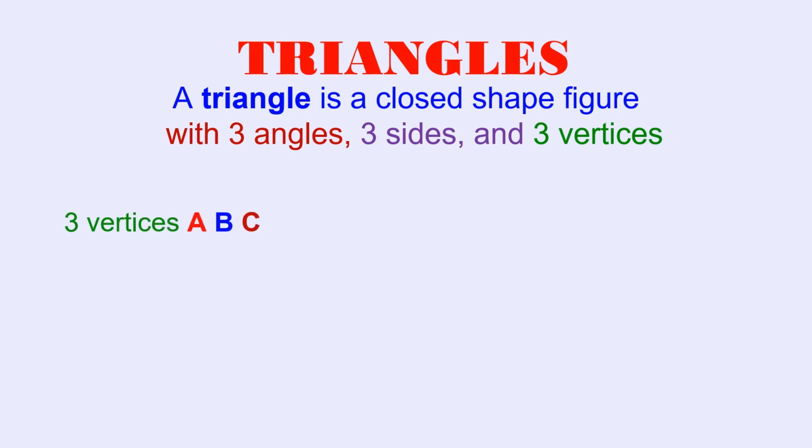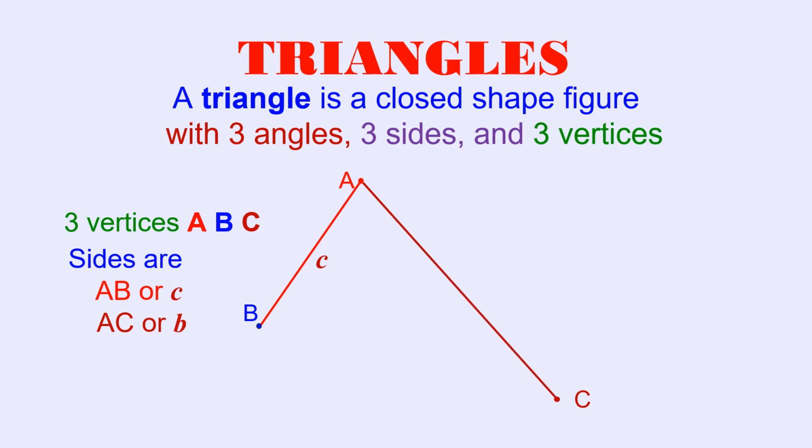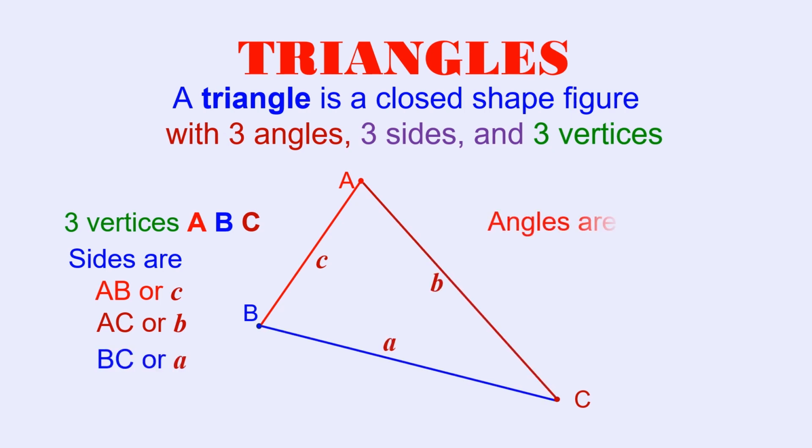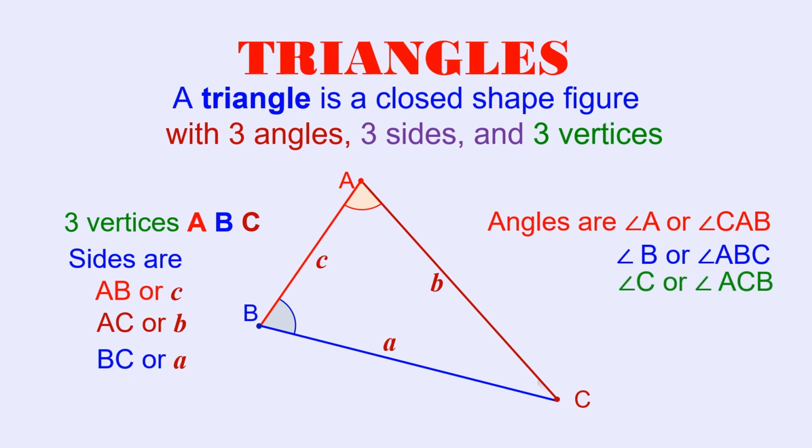A triangle is a closed shape figure in a plane with 3 angles, 3 sides, and 3 vertices. The 3 vertices are A, B, and C. Sides are AB or c, AC or b, and BC or a. Angles are angle A or angle CAB, angle B or angle ABC, and angle C or angle ACB.